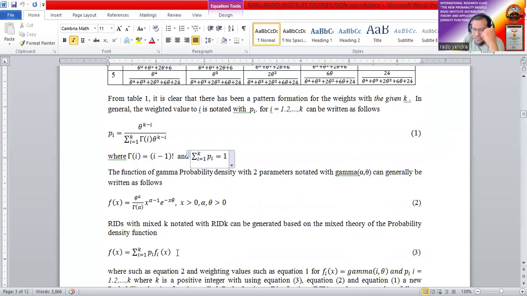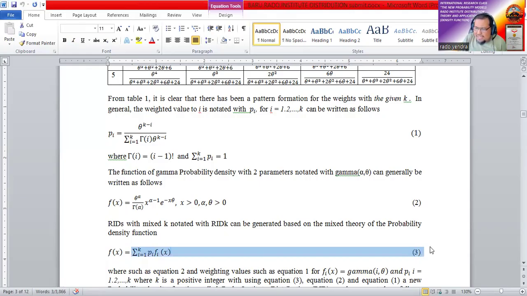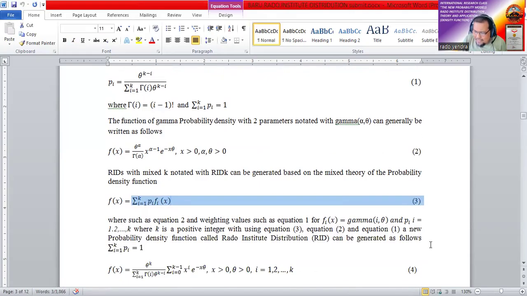When we are using the concept of the mixture, the concept of the mixture means the weight multiplied by the density function, the summation from i equal to 1 until k of the weight multiplied by the density function. Based on this information, we can create new models.